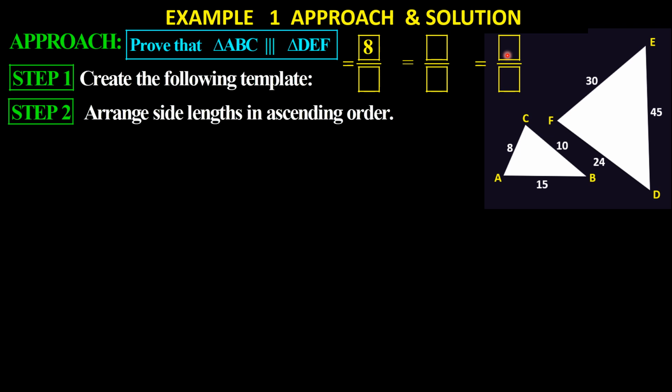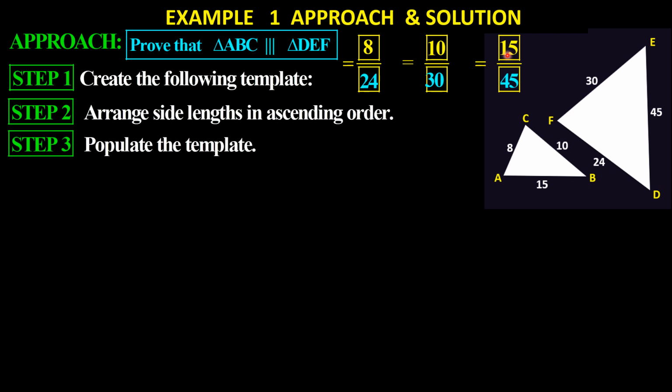So 8, then 10 and then 15. The other triangle in ascending order is 24, then 30, and then 45, right? So we populate our template with the lengths in ascending order, or if you like, descending order, as long as you're consistent. Numerator in ascending, denominator in ascending.